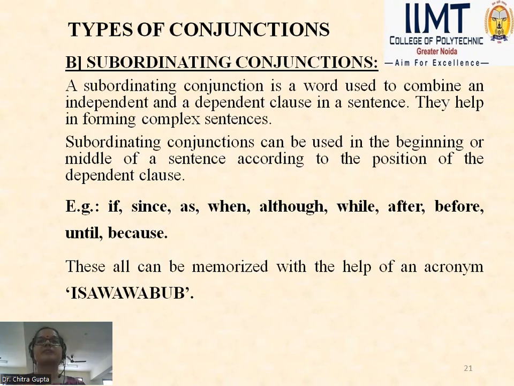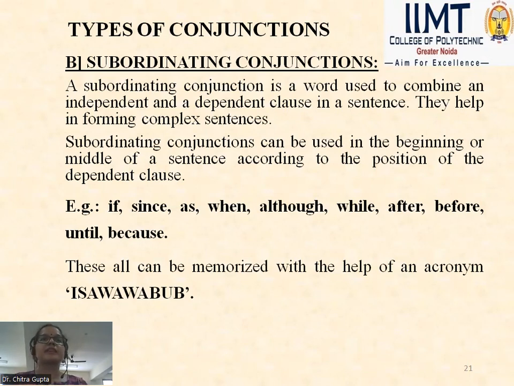Subordinating conjunctions can be used in the beginning or middle of a sentence according to the position of a dependent clause. So what this conjunction explains is that it is a word used to combine an independent and a dependent clause together in a sentence, and they help in forming complex sentences.